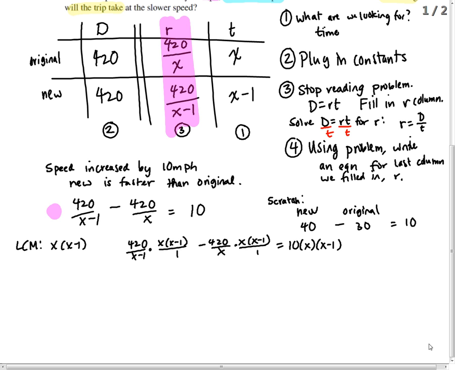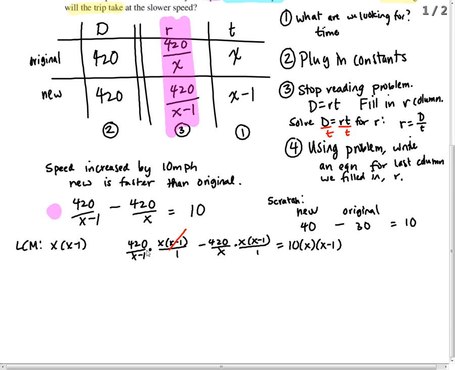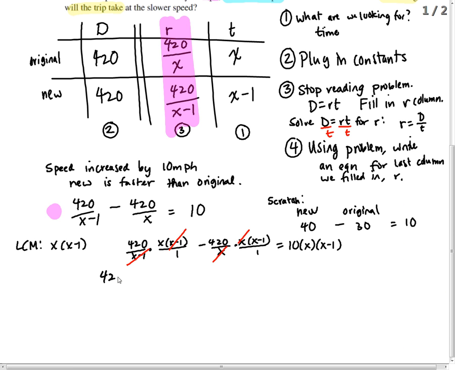We're going to see that some things should cancel. X minus 1 cancels here, x cancels here. 420x minus 420x. Now this is 420 times parentheses x minus 1, so it becomes plus 420 equals 10x squared minus 10x.